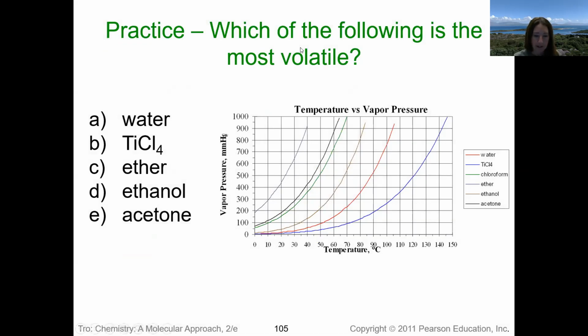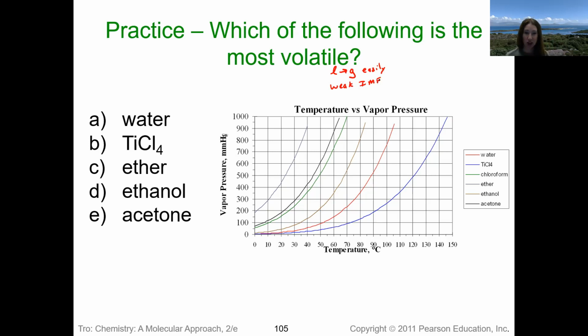Okay, now from looking at this, which one of these looks like the most volatile? Remember, volatile means it goes from a liquid to a gas easily. If it goes from a liquid to a gas easily, that means it has low or weak intermolecular forces.